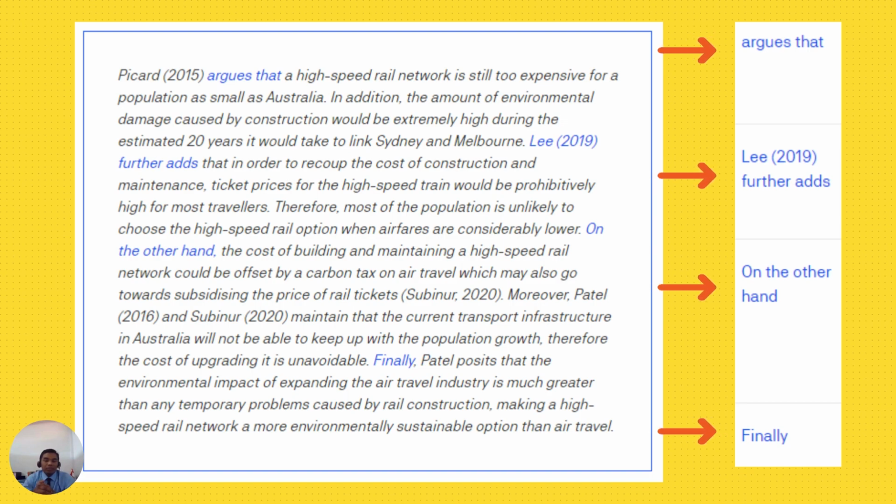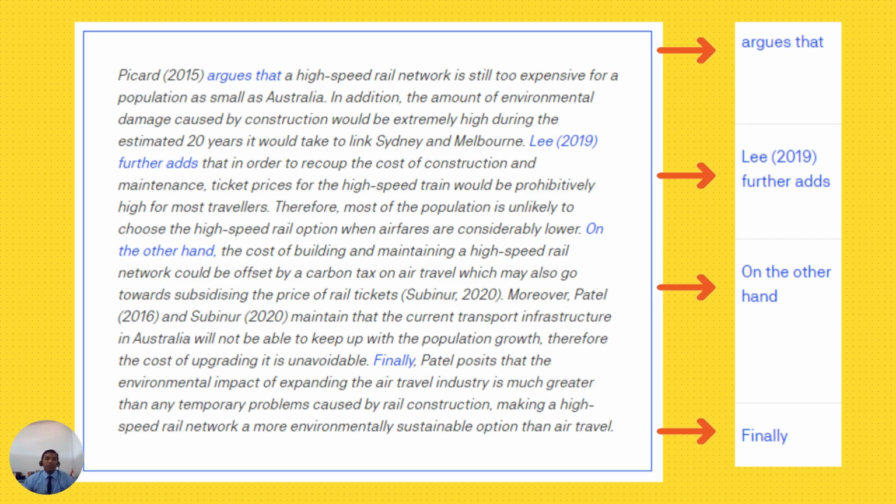Lee, 2019, further added that in order to recoup the cost of construction and maintenance, ticket prices for the high-speed train would be prohibitively high for most travelers. Therefore, most of the population is unlikely to choose the high-speed rail option when airfares are considerably lower.